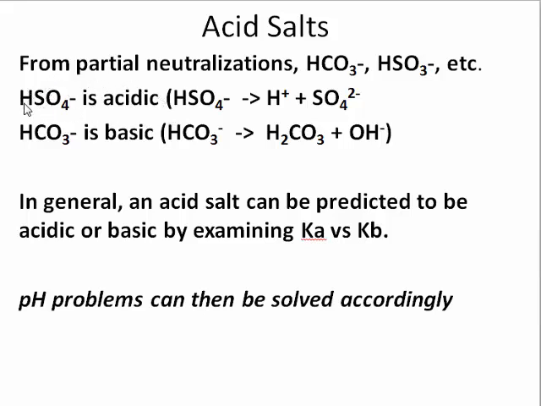In other words, we'll take Ka for the bisulfate and determine the pH of a sodium bisulfate solution from an ice table. We'll look at another type of example of this later in this lecture.